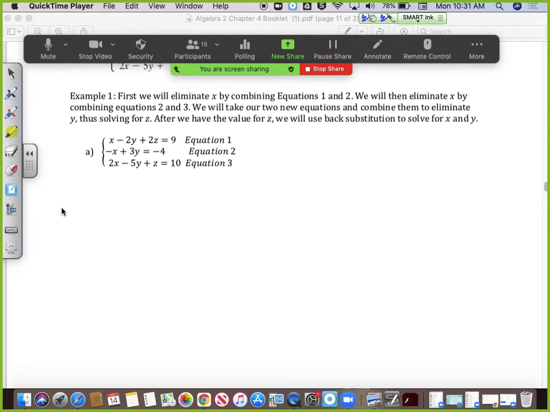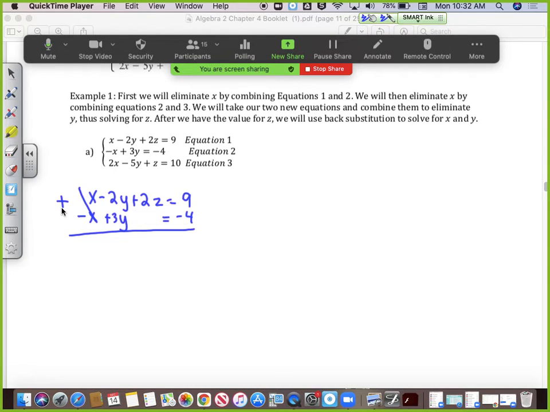So if I take equation 1, which is x minus 2y plus 2z equals 9, and I take the second one, negative x plus 3y equals negative 4, and I add these straight down. Notice I left a space for the z part because there is no z term, so I think it's helpful to leave that space when it's not there. If I add them straight down, the x's are going to eliminate, which will be helpful for us.